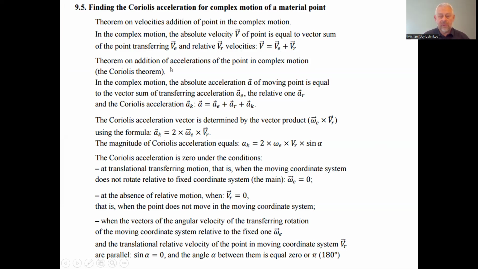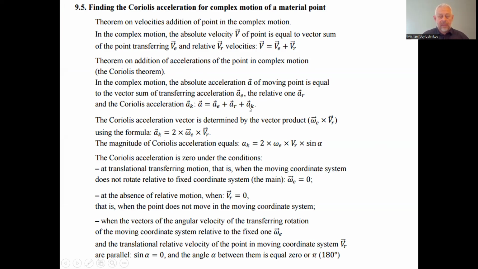This is the theorem of addition of the accelerations of the point in complex motion, the so-called Coriolis theorem. In the complex motion, the absolute acceleration of a moving point is equal to the vector sum of the transfer acceleration, that is the acceleration of the motion of the moving coordinate system, the relative acceleration, that is the acceleration of the point within the moving coordinate system, and the Coriolis acceleration.